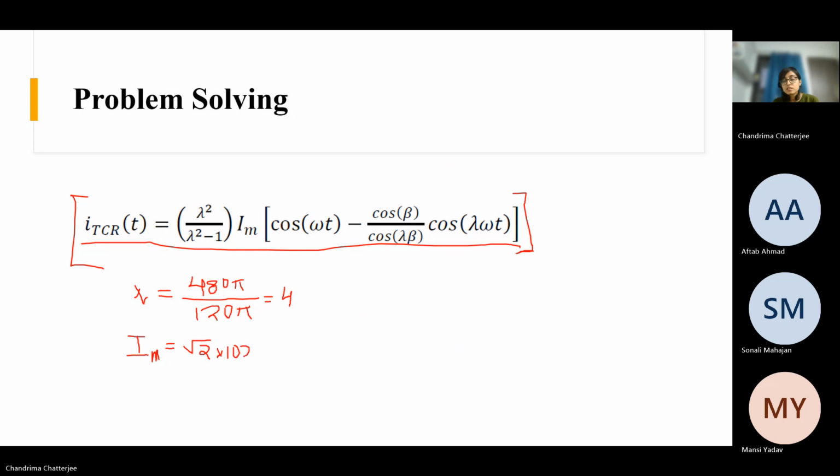So 1029 times root 2 is 1455 ampere. And other than that, all the values, everything is known. Okay. So till this point, is it okay?